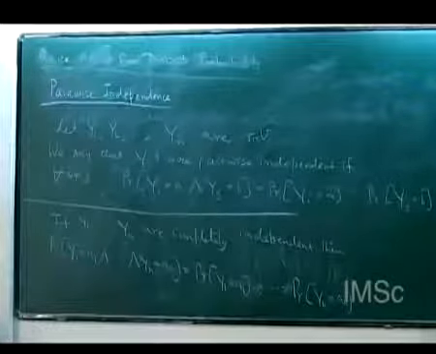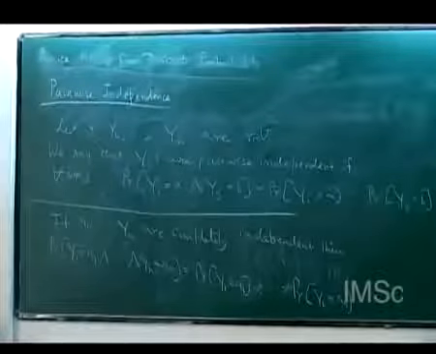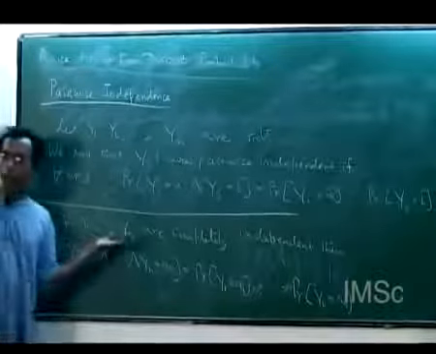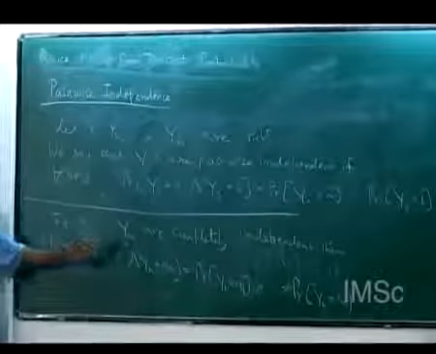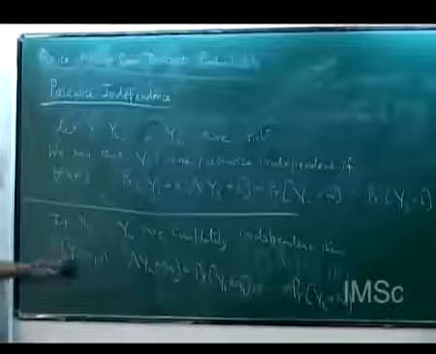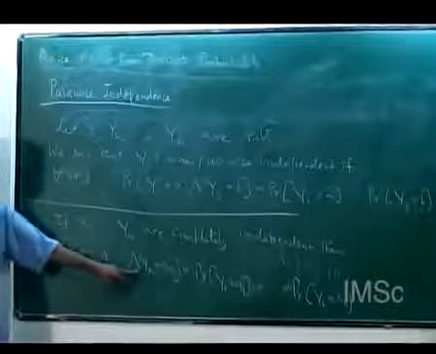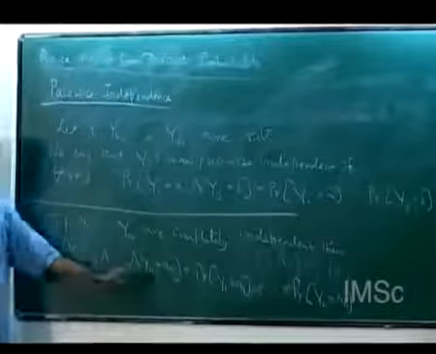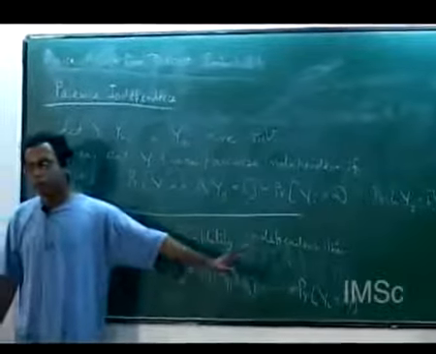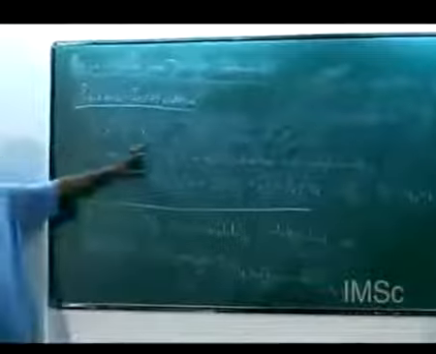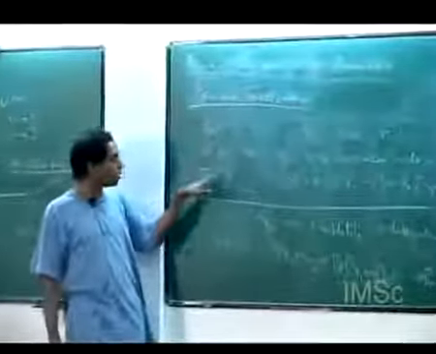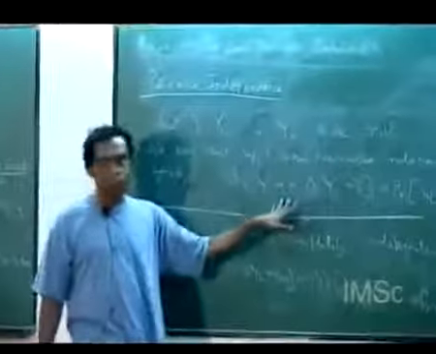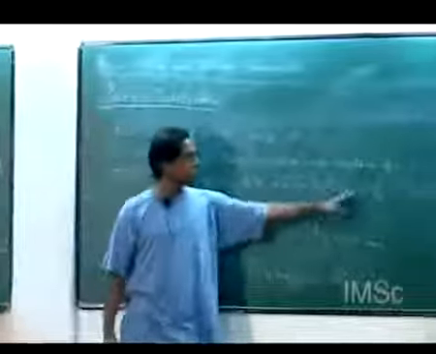Notice the difference between these two definitions. So let's say you have bunch of random variable y1 to yn, and they are like totally independent. That means whatever value you give y1 to a1 and blah blah blah yn to an, this probability is just product of the individual probability. It's totally independent. Now these random variables are only pairwise independent. That means when you look at a pair like yi and yj, they are like total independent.